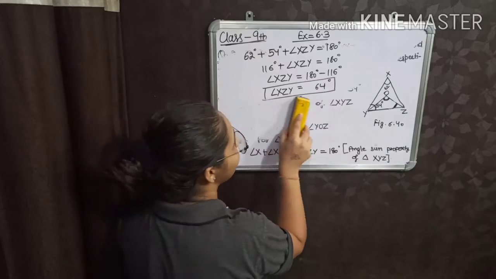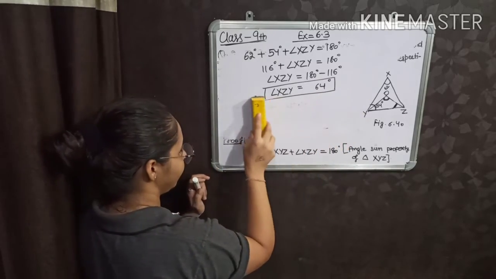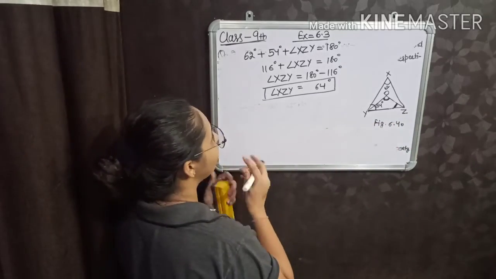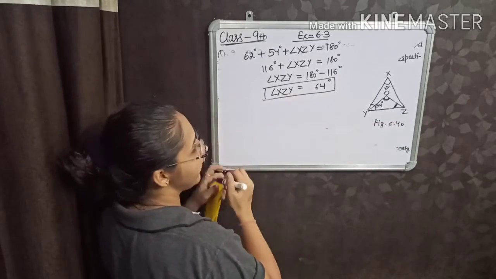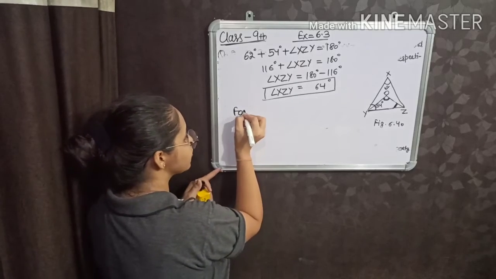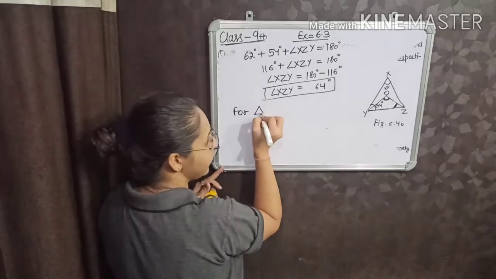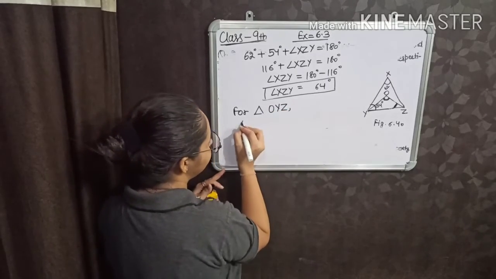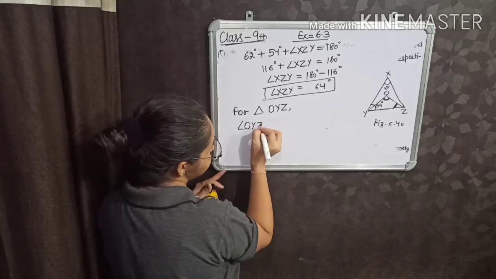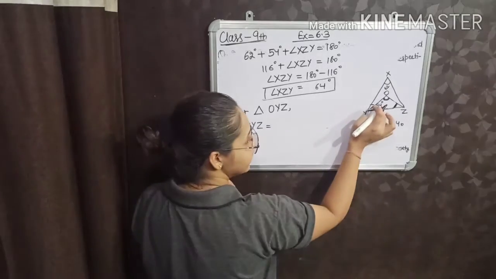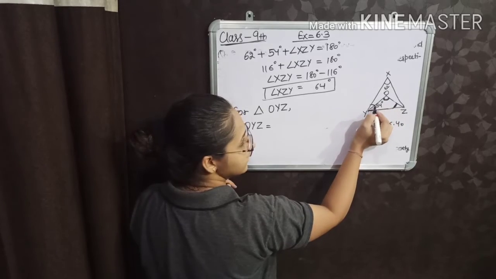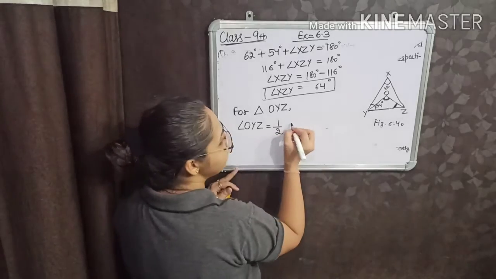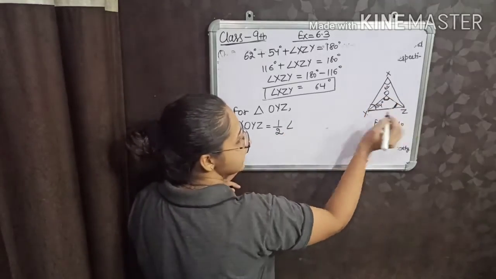So I can write, for triangle OYZ, now I am taking the small triangle OYZ, angle OYZ. First, I will find this angle. Angle OYZ, the small angle, is equal to 1 by 2 of angle XYZ.